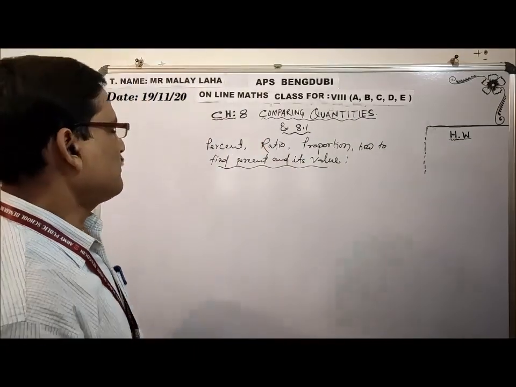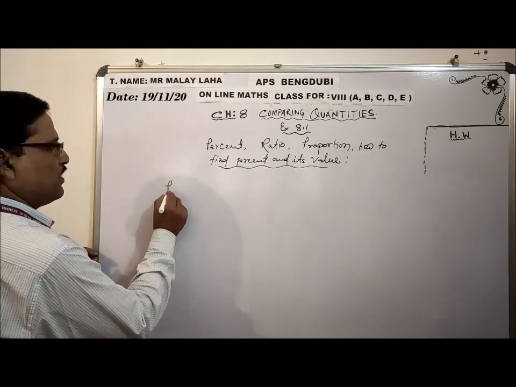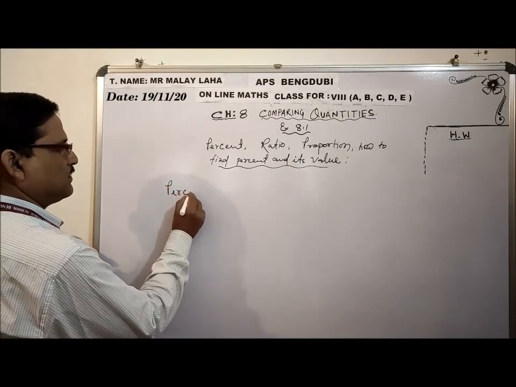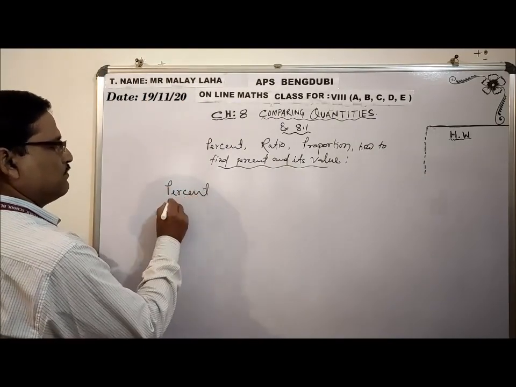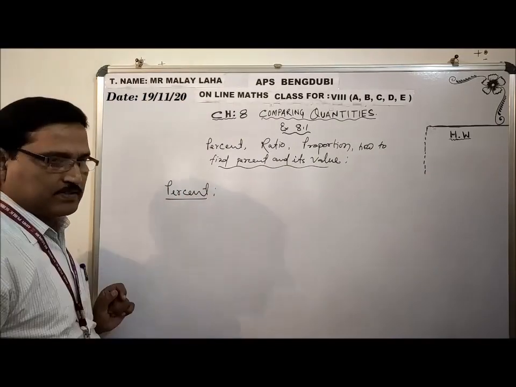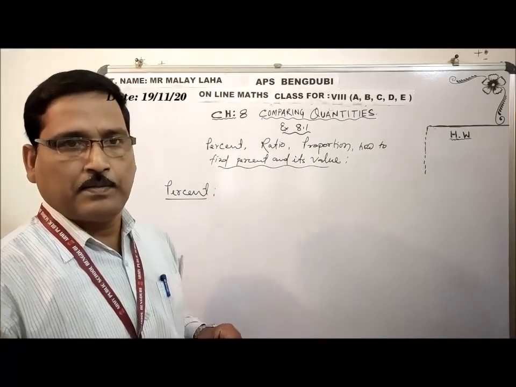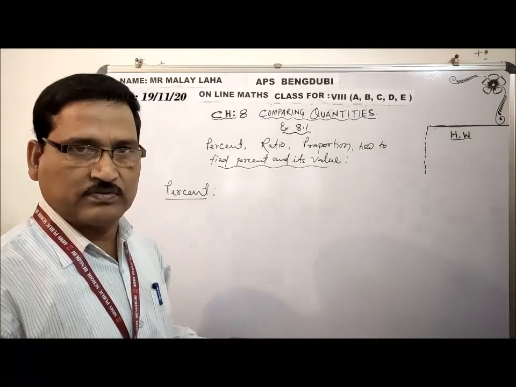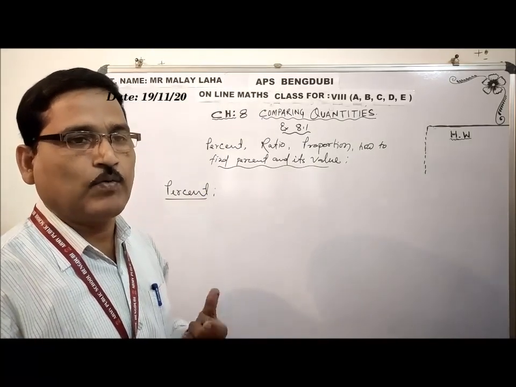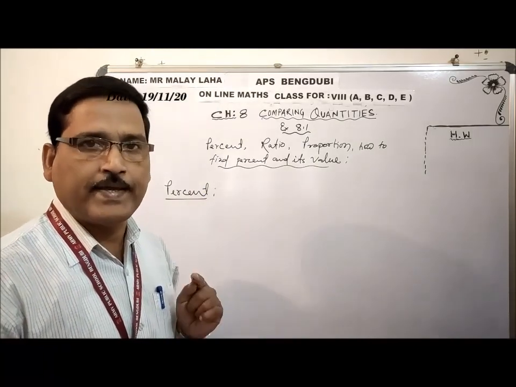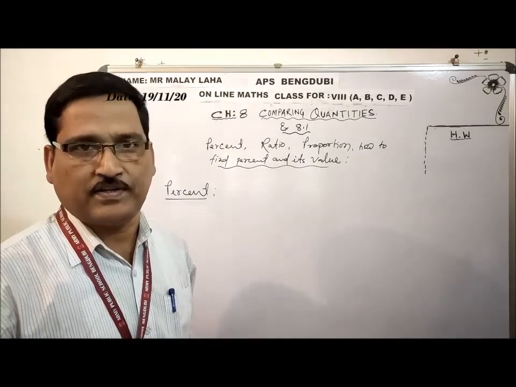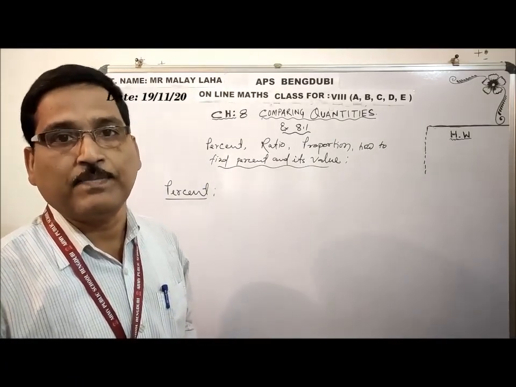So, first of all, we have to know percent. What is the meaning of percent? The word percent means out of. Cent means 100. When we compare anything out of 100, then we call it a percent.